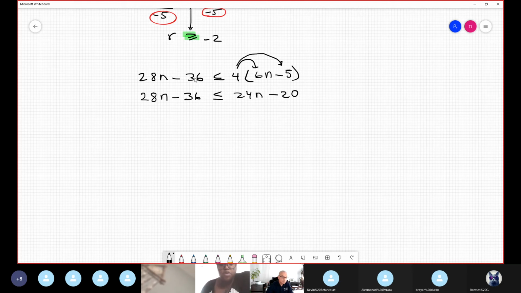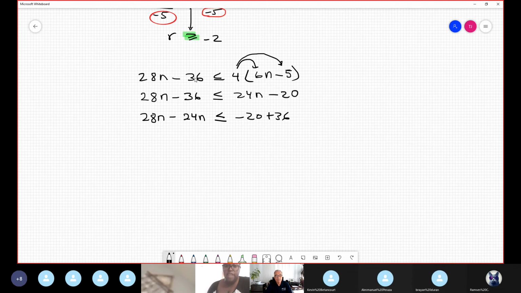You move your variables and your numbers. Like that? Yes. Now we combine. 28 minus 24 is 4, positive, no? Yeah. And this is 16, positive.